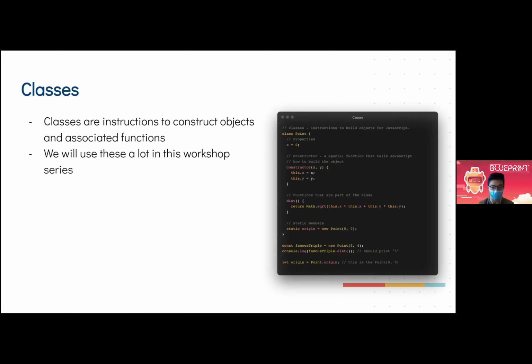So instead of hard coding a bunch of different points, we can just create this template for a point in this class declaration. Then every time we instantiate a point by calling new Point, we can change the X and Y and quickly create many different instances of points with a few lines of code because we have defined this template before. We'll be using a lot of these in the workshop, so hopefully it'll clear things up.